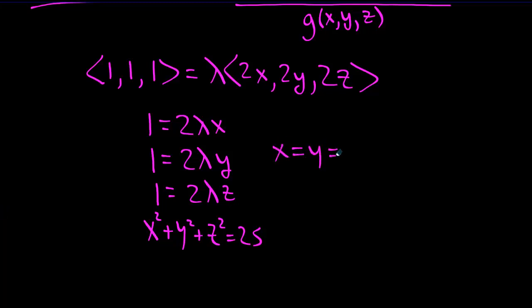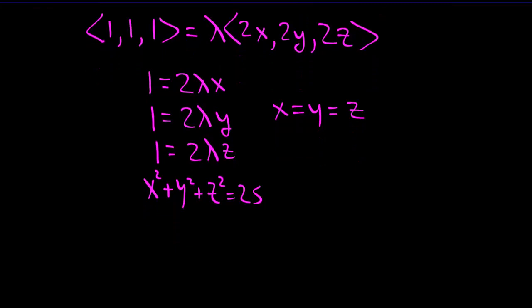So that means that x equals y equals z. So let me just go from there and take that down to this constraint. So here's what I have. X squared plus y squared, well, y and x are the same, plus z squared, well, that's the same. Okay. So what we have now is 3x squared equals 25.